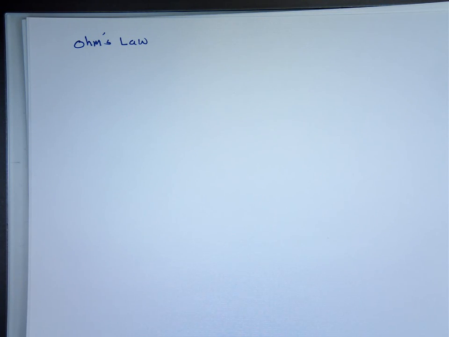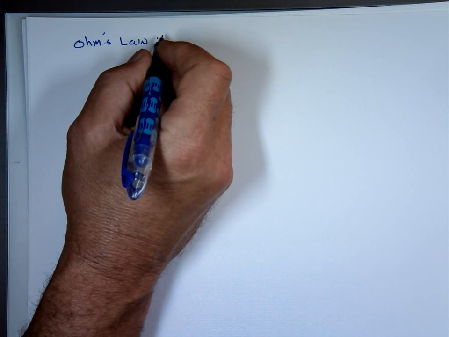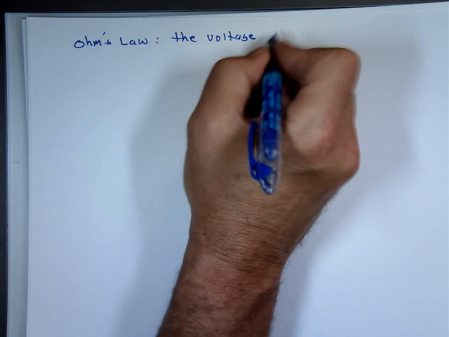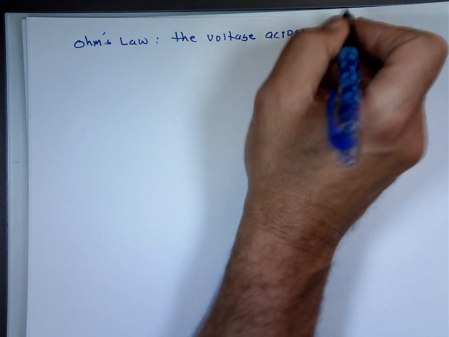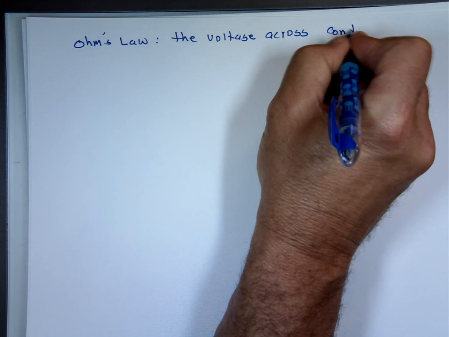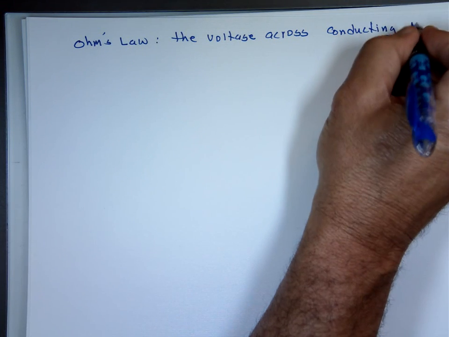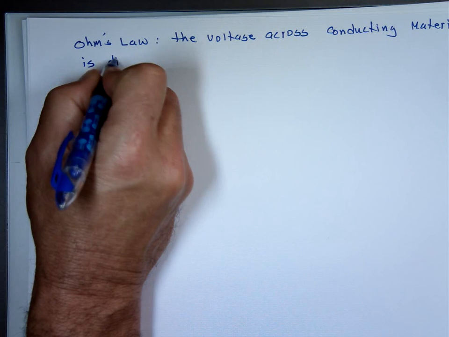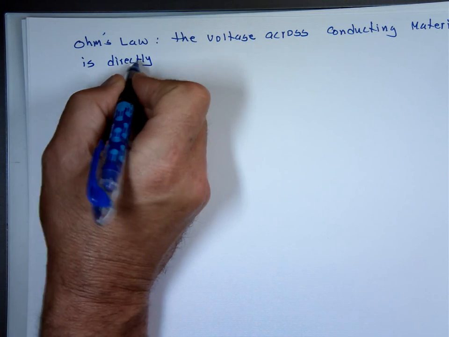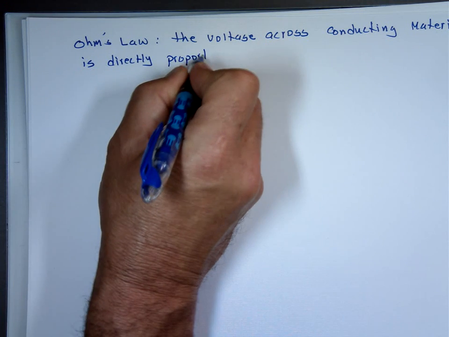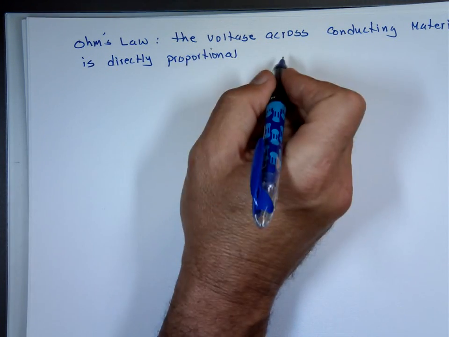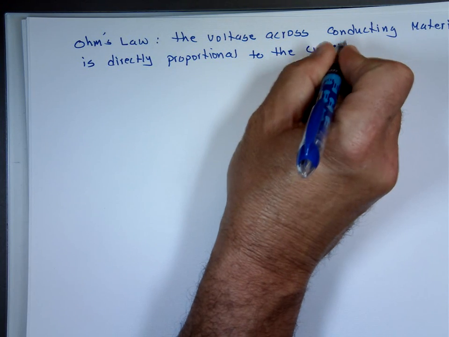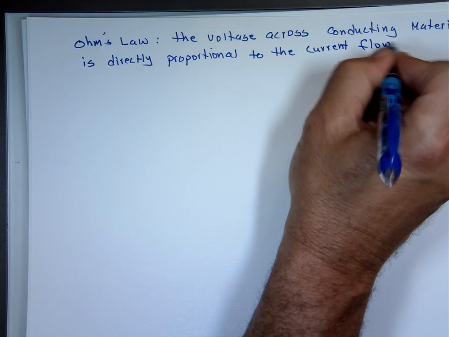Ohm's law says, in English, the voltage across a conducting material is directly proportional to the current flowing through the material.